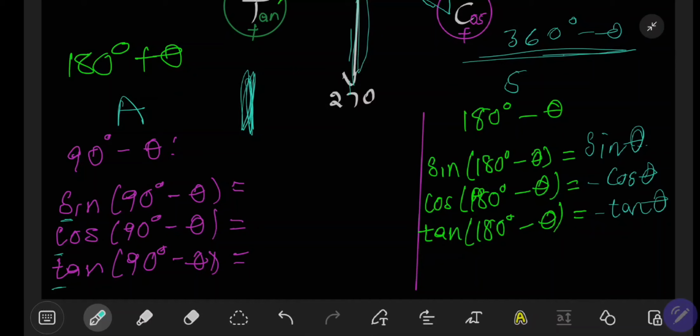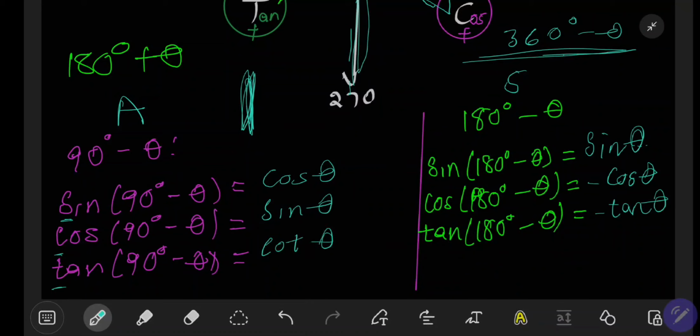So now when you have 90 degrees minus theta, then it will change to cos of theta. And then when you have cos of 90 degrees minus theta, it still falls in the first quadrant, which is positive. Then we're going to have sine of theta. And then now when you have the tangent, it will change to cot of theta.